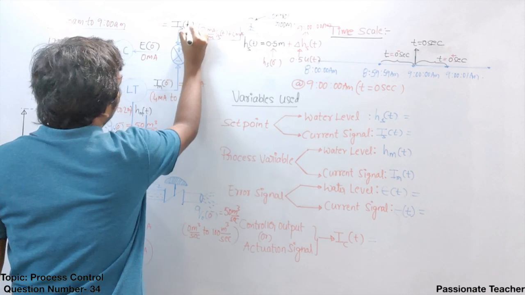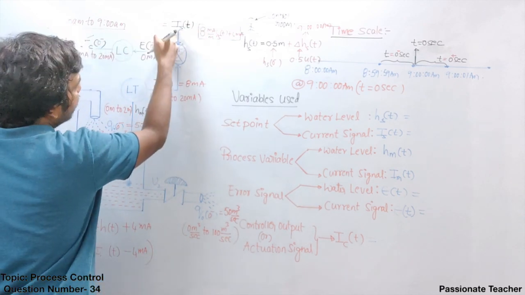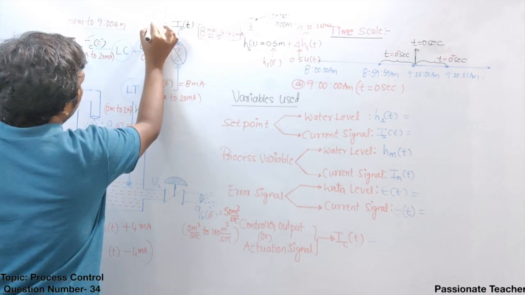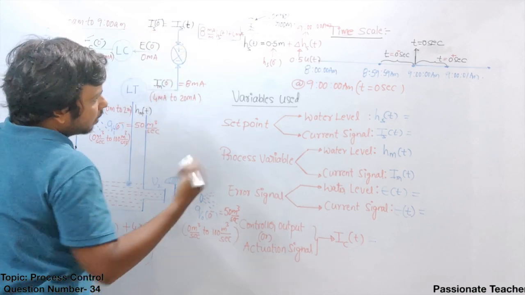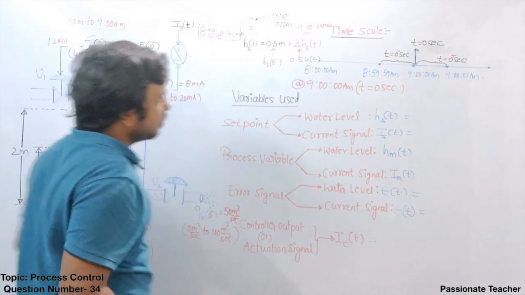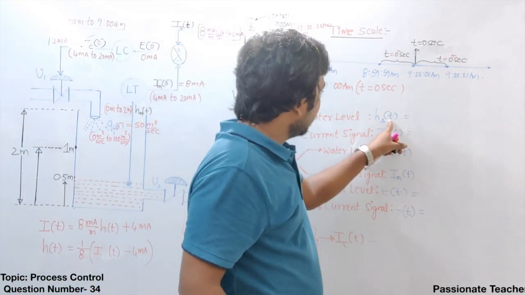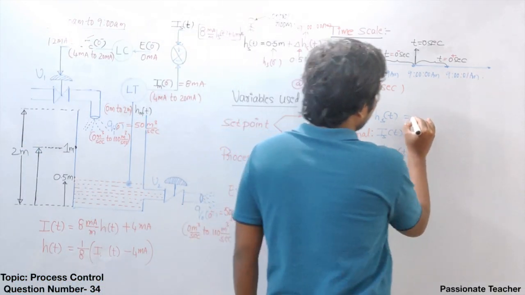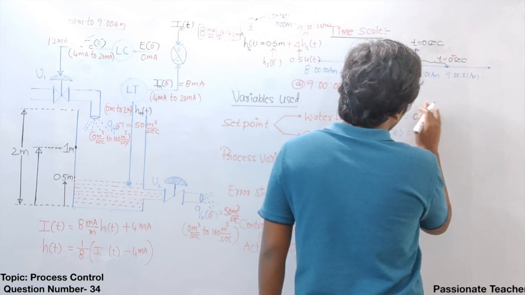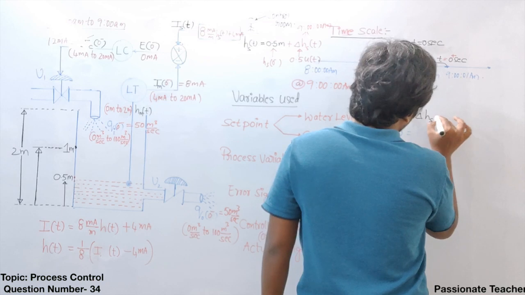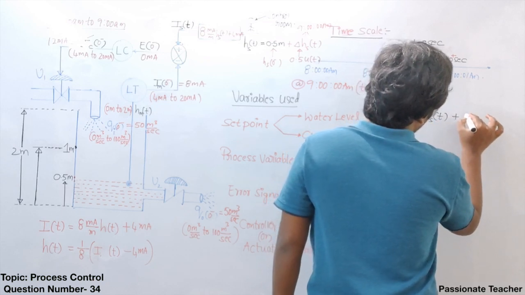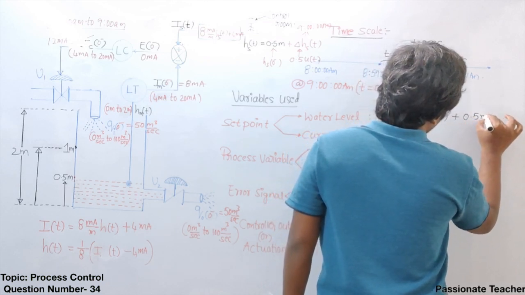The current can be written as, definitely initially there is some current, that is Is of 0 minus, right? And now you can see how the current is going to change, because the water level is changing here. Hs of t is equal to delta Hs of t plus the initial value, which is 0.5 meter.